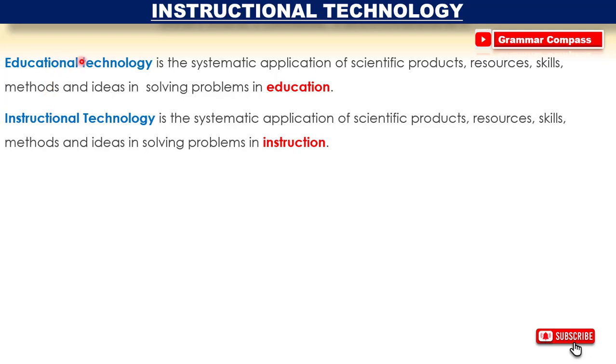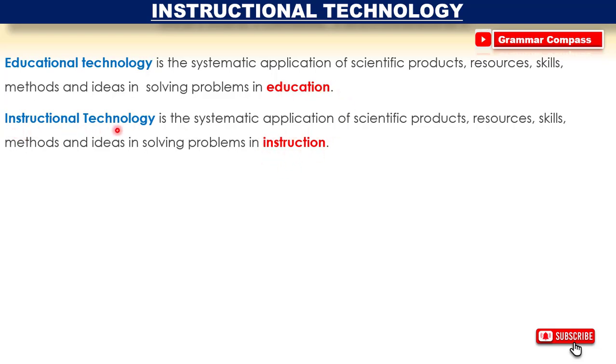If educational technology is the use of scientific products and ideas to solve problems in education, then instructional technology is going to be the systematic application of these same scientific products, resources, skills, methods, and ideas in solving problems in instruction and not education.